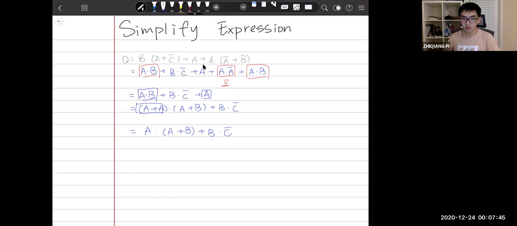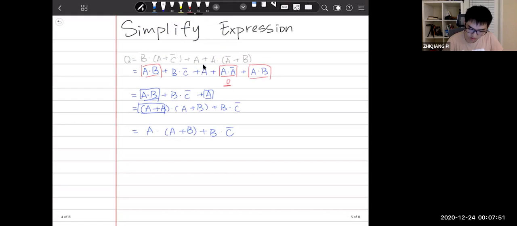And then using the absorption law as in the AND form, we know that this term is the exact same as just A. So in the end, we get A or B and not C.